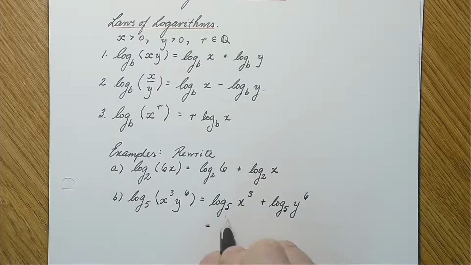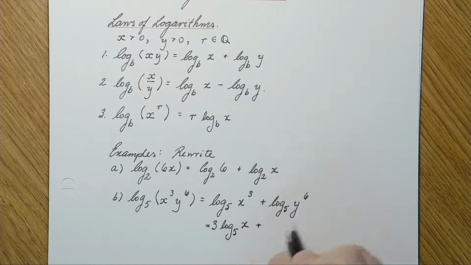So right here, I can have that 3 come down in front. And log to the base 5 of x plus, this 6 can also come down in front, so 6 log base 5 of y.